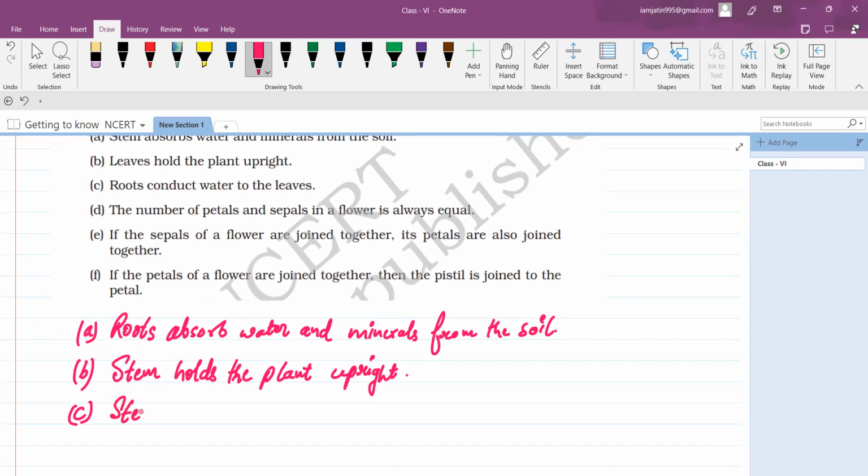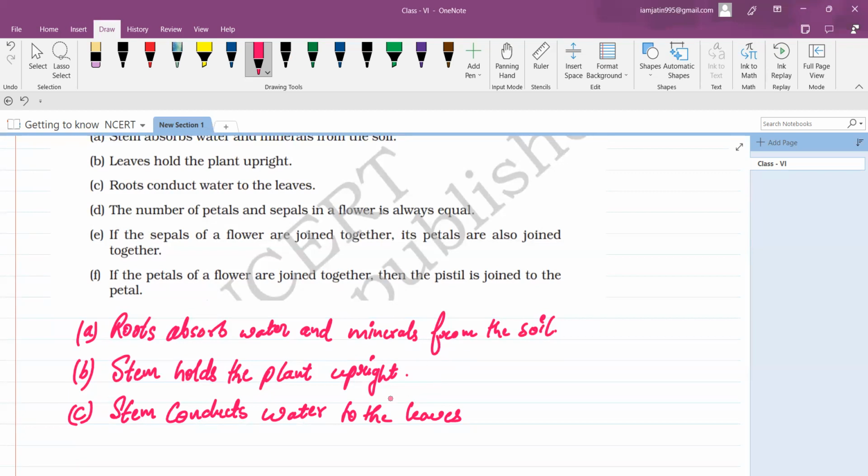So we will write it as: the stem conducts water to the leaves. After that, let's go to the next part.